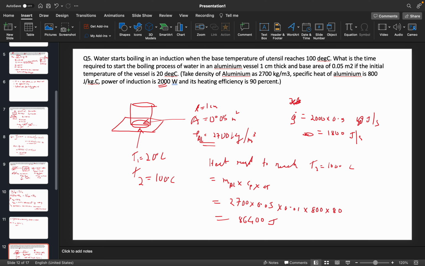Just like the first question where we were given the total volume and required to calculate the time, and we were given the volume flow rate, now in place of that we are given the total heat required to start the boiling process, that is 86400, and we are given the rate of heat flow.